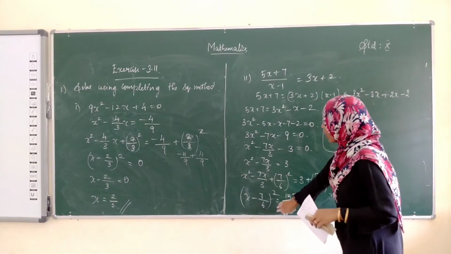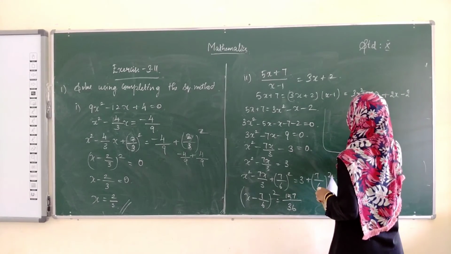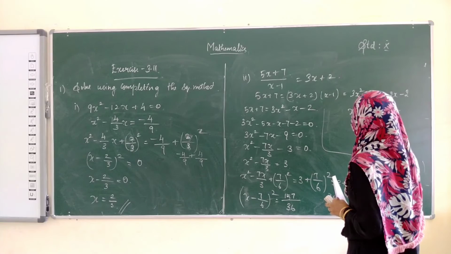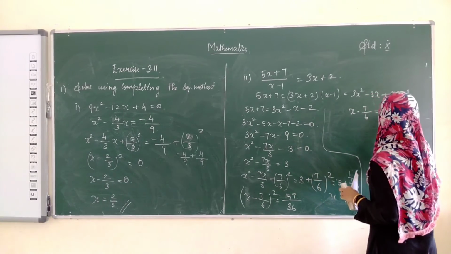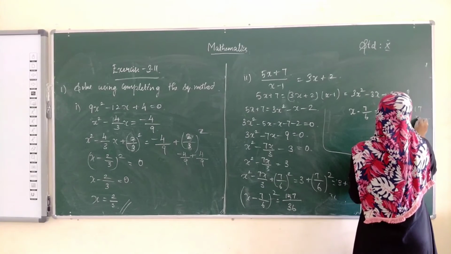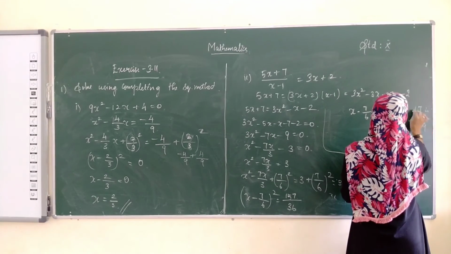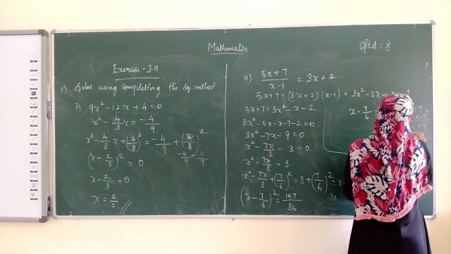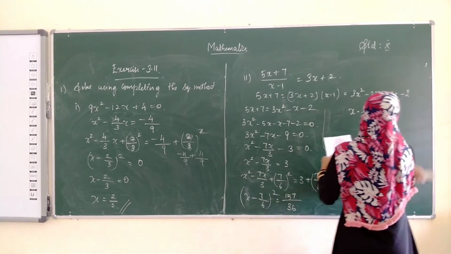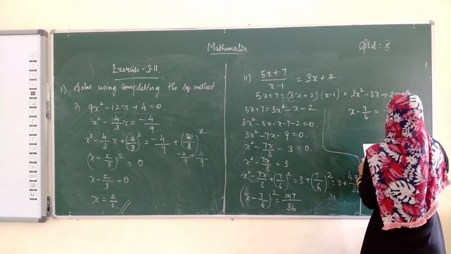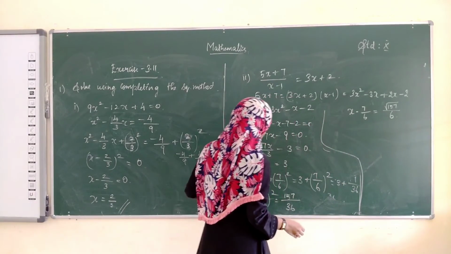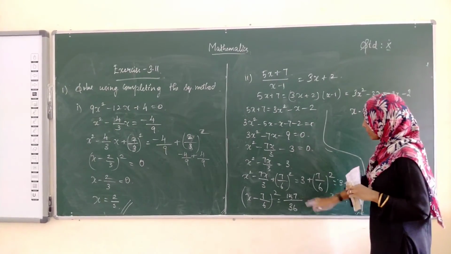We have to take the square root on both sides. Therefore, x minus 7 by 6 is equal to plus or minus root of 157 by 6.